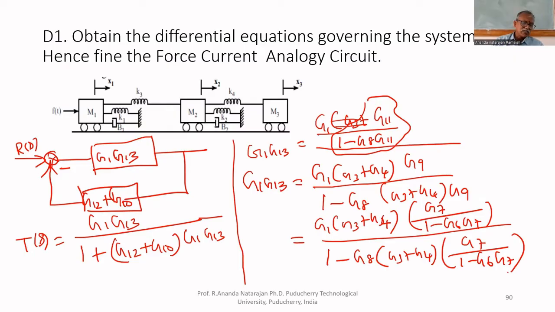So we got G1 G13 like this. If you simplify this, these two 1 minus G6 G7 terms can be cancelled.